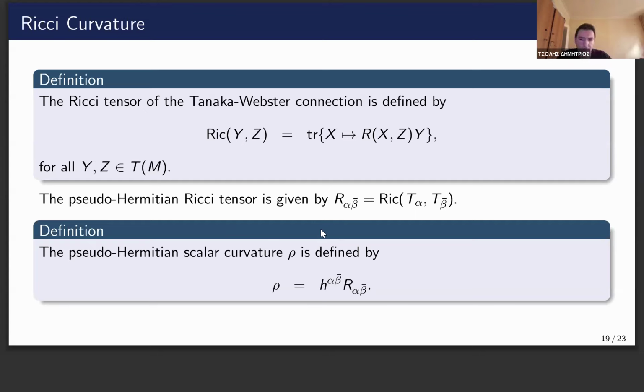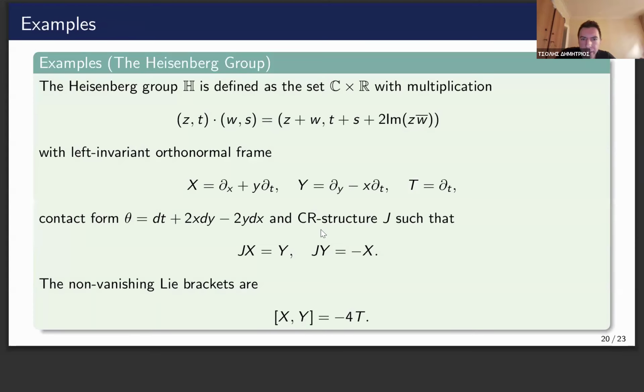Now, let's see an example of how to compute curvature in the Heisenberg group. And the Heisenberg group, let me remind you, is this group C times R with this product operation, and we have those left invariant vector fields, which is an orthonormal frame for the Webster metric, is this thing.